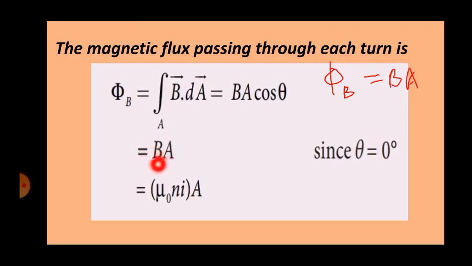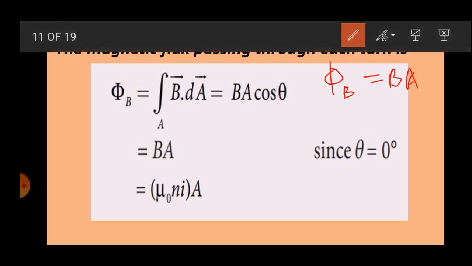Now substitute: magnetic flux phi B is equal to the magnetic field inside the solenoid, mu naught n i, into A. So this is the total magnetic flux linked with the solenoid coil.